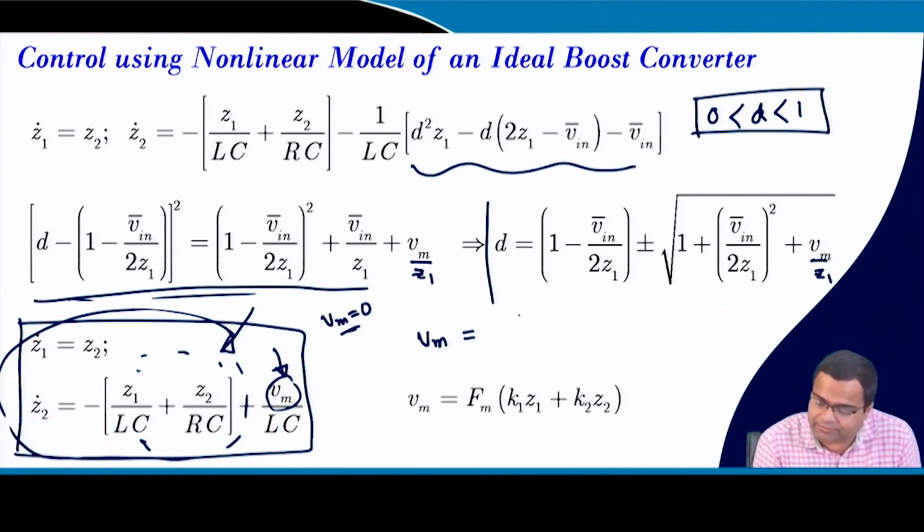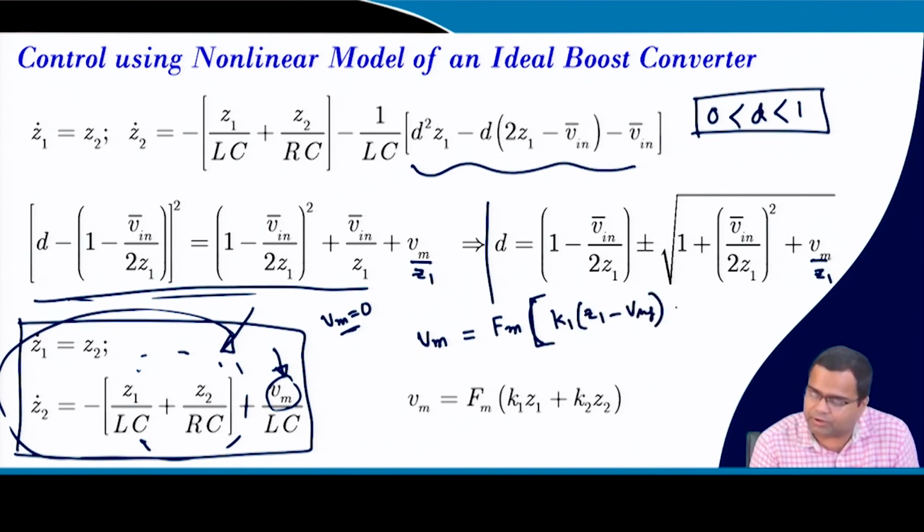If we write Vm, there is a modulator gain, and here we should write K1 (Z1 minus Vref), because Z1 is the output voltage, plus K2 into Z2.